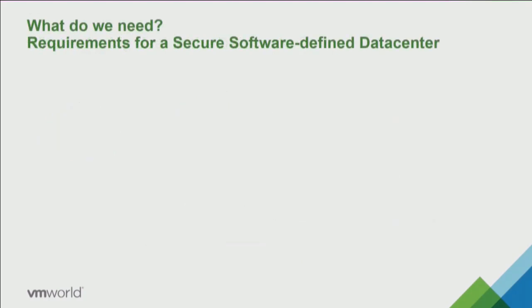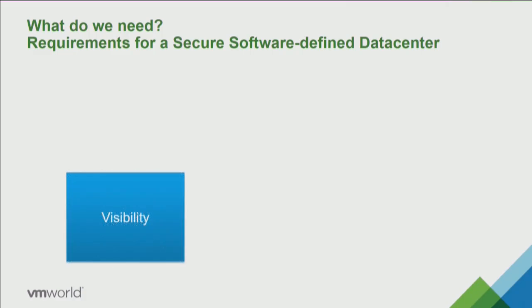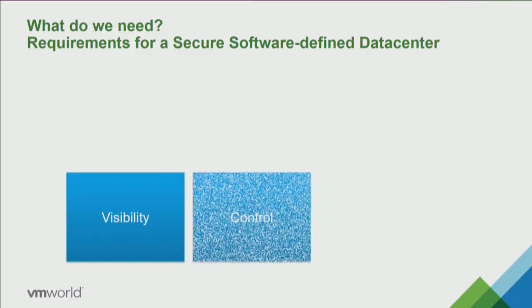Looking at this, we talk a lot internally and to you guys, and these are what we feel are the requirements for a secure software-defined data center. The first thing we need is visibility. This is true no matter where we're talking, in the data center, out of the data center, in the cloud. The first thing you want is visibility, because you can't apply policy or protect things that you can't see.